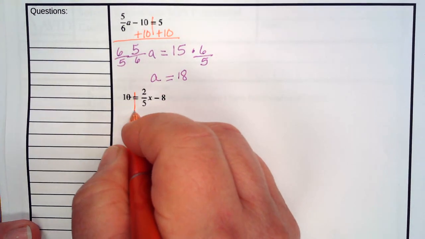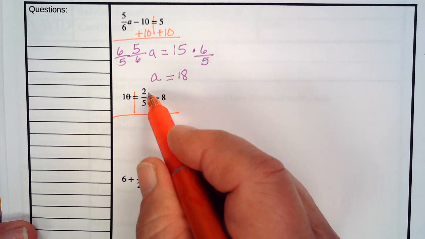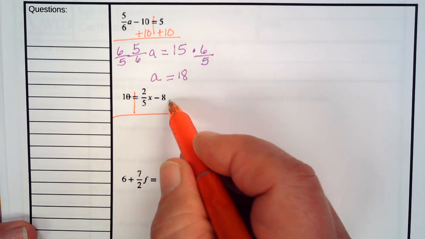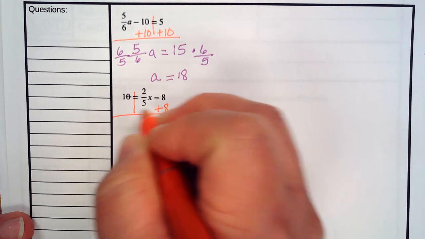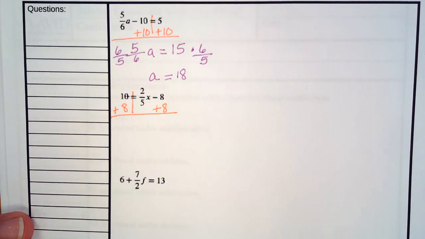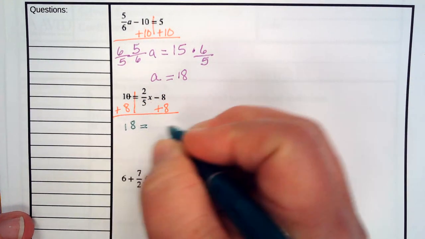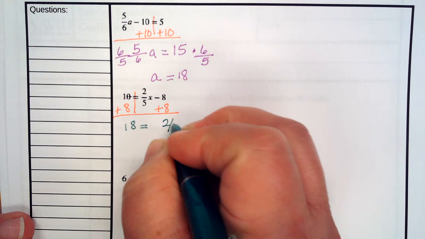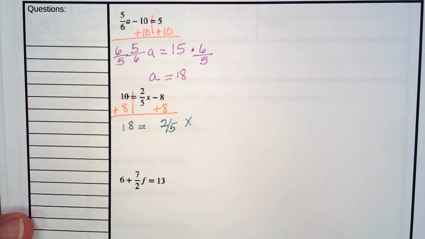Okay, so what does this look like? 10 equals 2/5 x minus 8. I've subtracted 8. To undo that, I need to add 8 to both sides. 10 plus 8 is 18, is equal to 2/5 x. Now I'm going to multiply by that reciprocal.